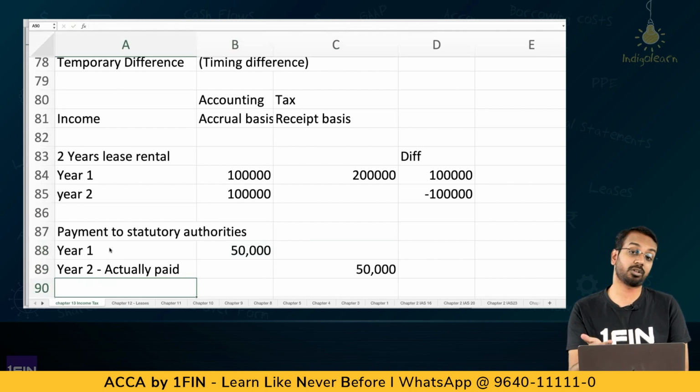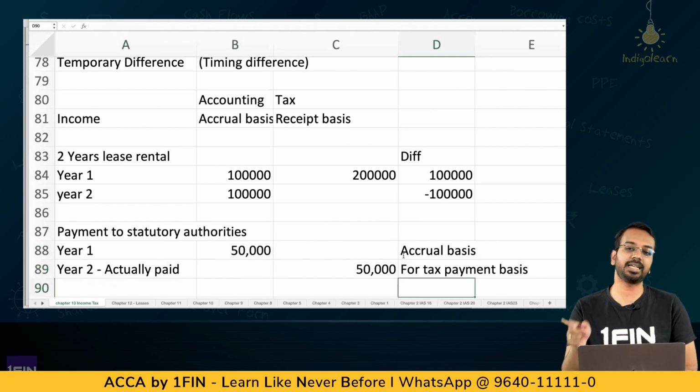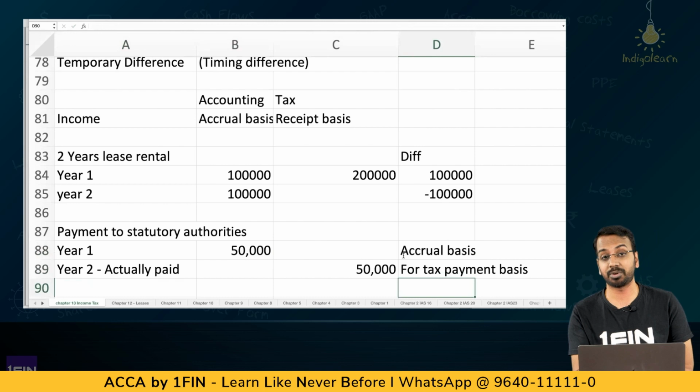So what tax authorities may say, it depends again on the tax laws, what they may say is, this 50,000 we will allow as a deduction only in a particular year, that is in the year of payment and not in the year of accrual. So here on accrual basis you will take it up. For tax it is payment basis. Difference arising in one period, reversing in a subsequent period, this is what is called temporary difference.